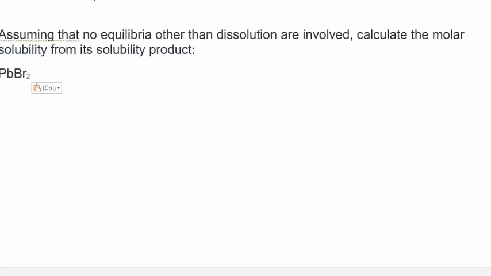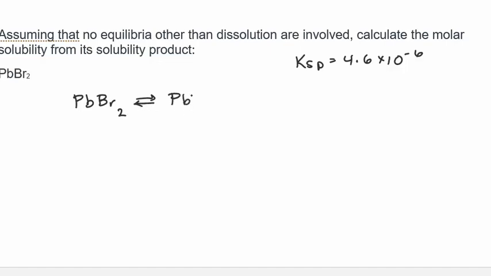And now I need to know how this breaks up. So I have my lead bromide, and we're going to have an equilibrium. And that's going to be lead ions, I'm leaving the phases off just for brevity, and 2 bromide ions. So when this breaks up, we have an x and we have a 2x. Then the Ksp is going to be the concentration of my lead times the concentration of my bromide squared because of that coefficient.